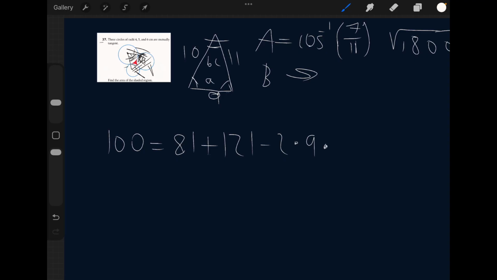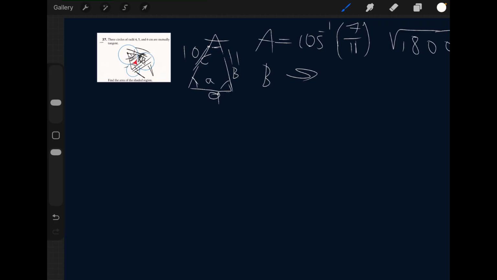Well, it's actually easier to call the side that is 11 B. It won't matter in the calculation. So we'll just make this side C and this side B.